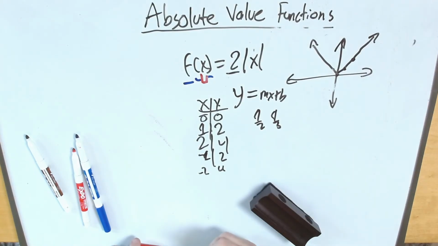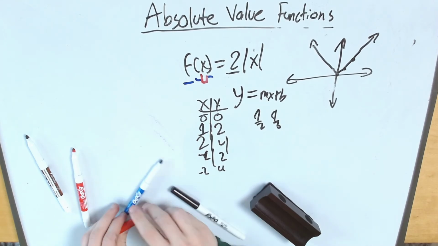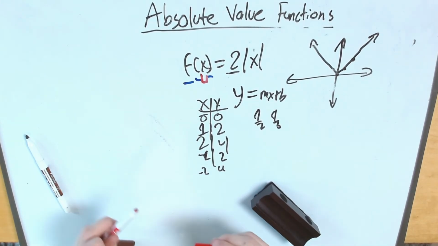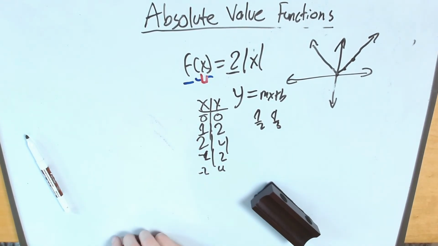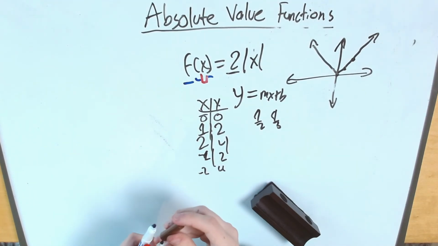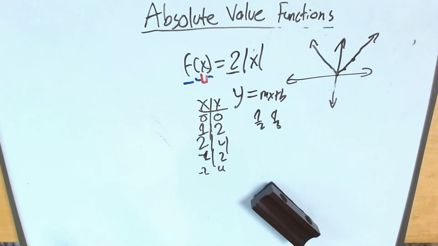And as you can see, those rules for absolute value functions are pretty similar to those for quadratic functions, and there's even an overlap with linear functions in terms of the slope. So all in all, not too bad at all, and they're pretty easy to master once you really get the hang of it. So I hope this video helped, and I hope you have a great day.